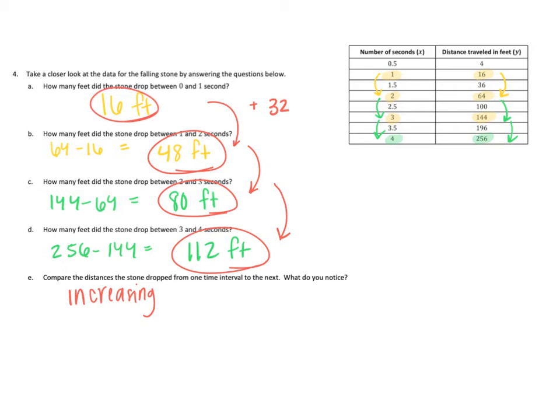To go from 48 feet to 80 feet, I increased by another 32. I'm pretty sure this is going to be my increase each time. 80 to 112. Yep, it's 32 feet. So it's increasing by 32 feet every additional second, right?